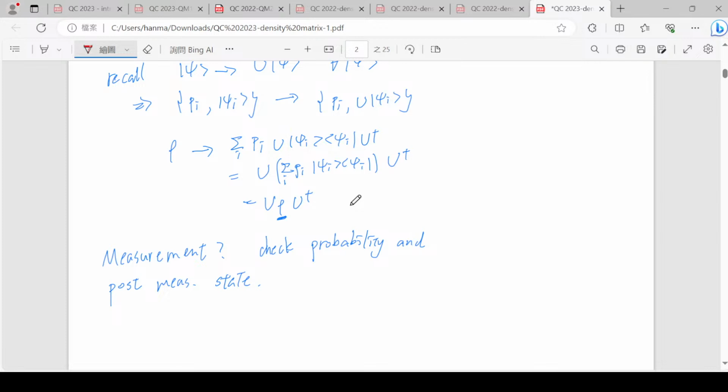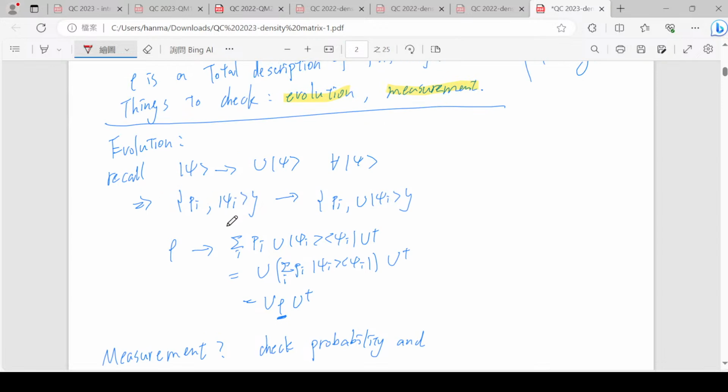So here we do a little proof: we write the corresponding density matrix for this evolved ensemble, and we see that we can describe the evolved ensemble by just doing calculation on the original rho.